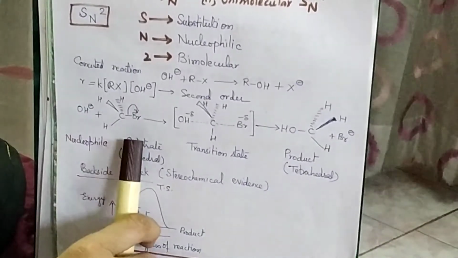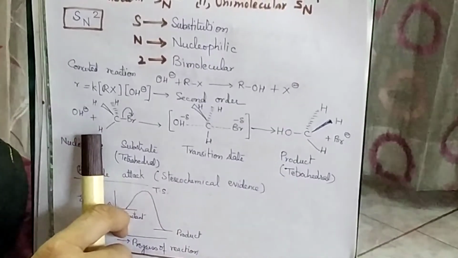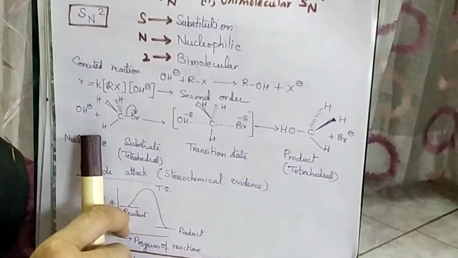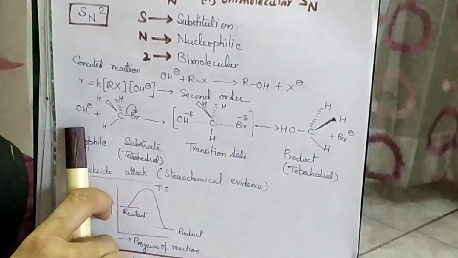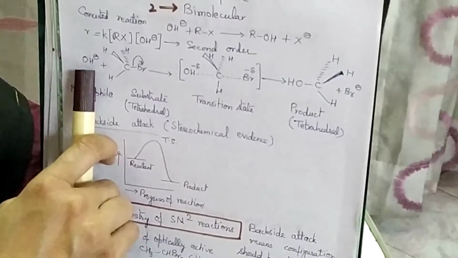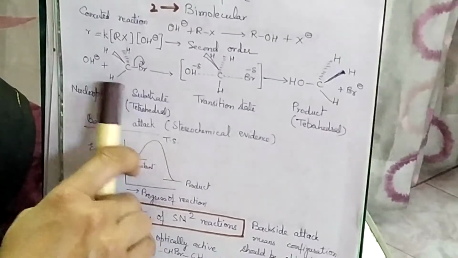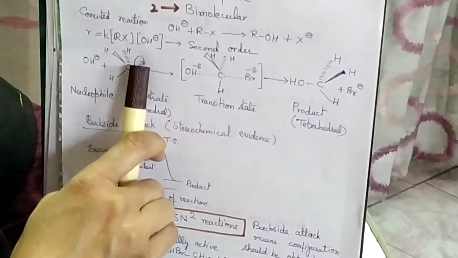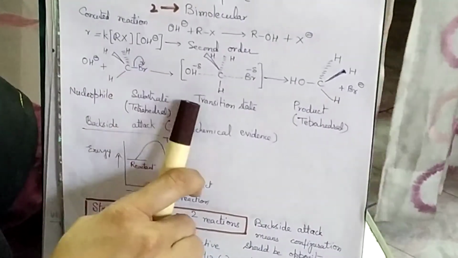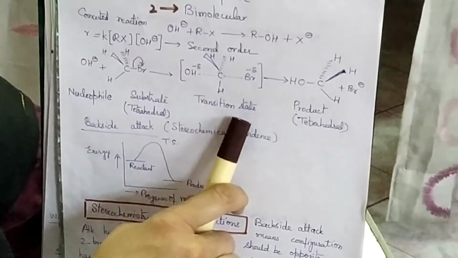Now, as I am telling you, it's a concerted reaction. Concerted means that it involves both the reactants simultaneously, and the reaction takes place in a single step. Therefore, when this OH negative comes close to this methyl bromide, a transition state slowly develops.